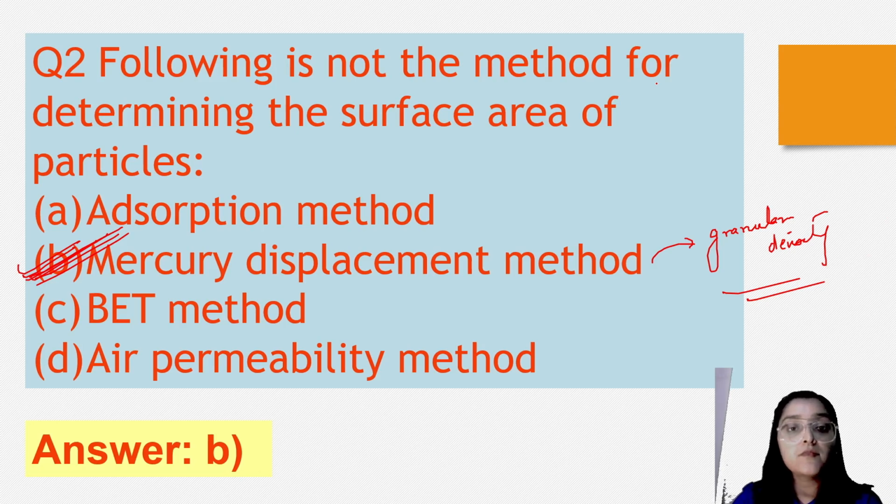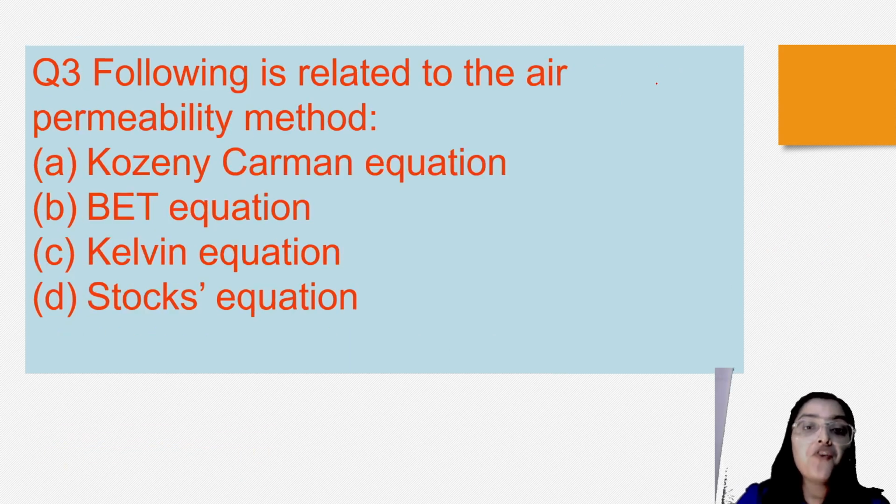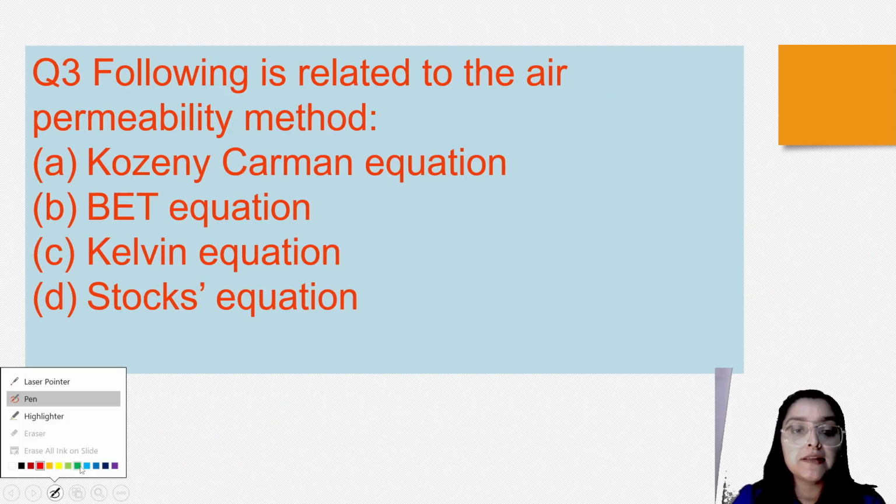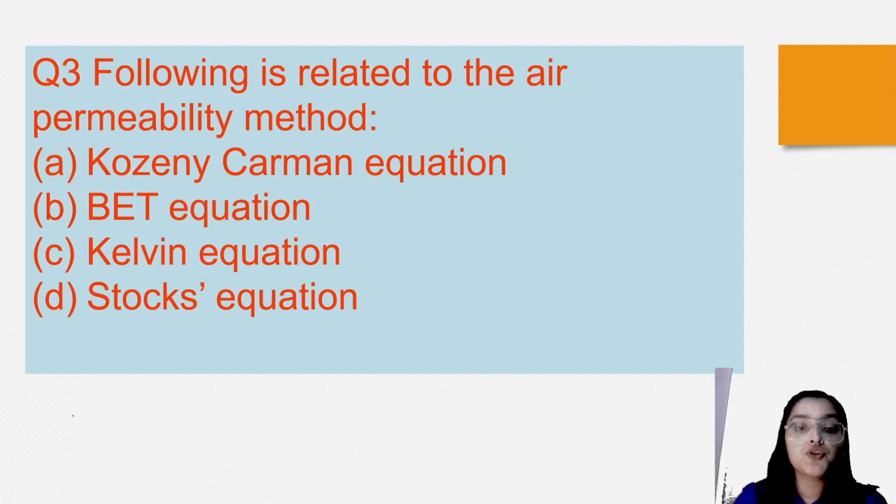Okay. Next question. Following is related to the determination of air permeability method. You should know by now this question is a very easy question, right? Following is related to the air permeability method.